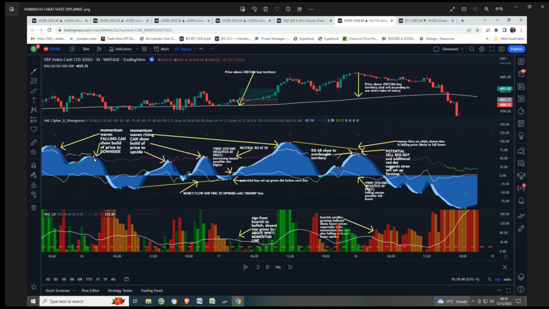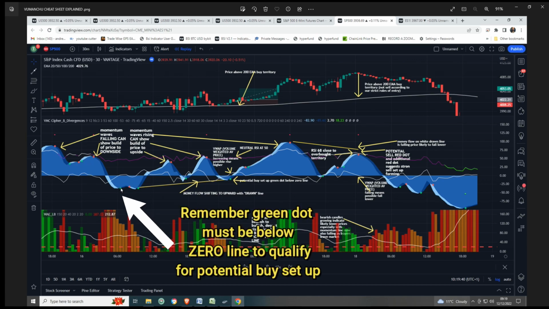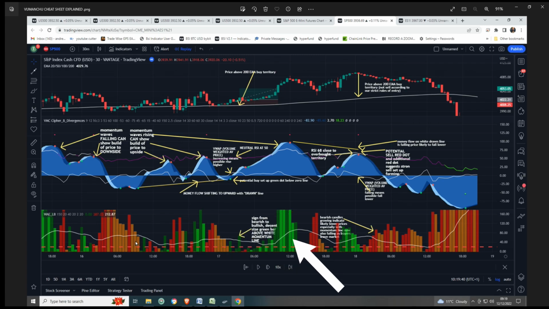We've got these dots to help us decide where we're going to be taking positions, and this green dot here, according to the rules, we clearly say that if we've got a green dot, it is a potential buy setup, but it is confirmed by these bars below, and these bars need to show a build of green momentum, that is bullish pressure, and that's measured by this white line.